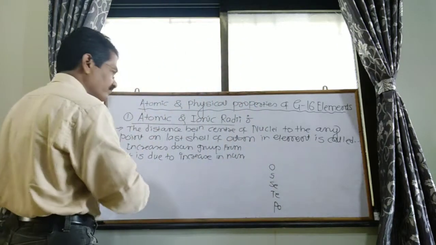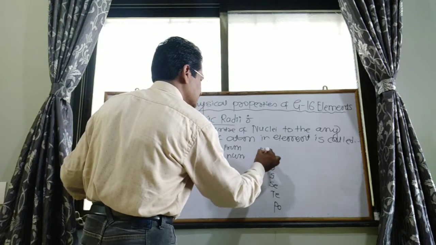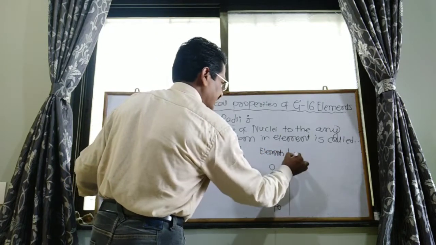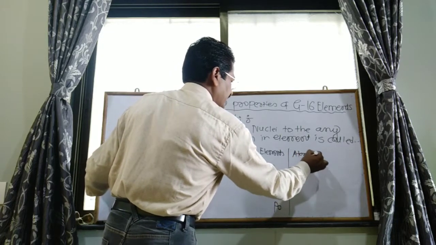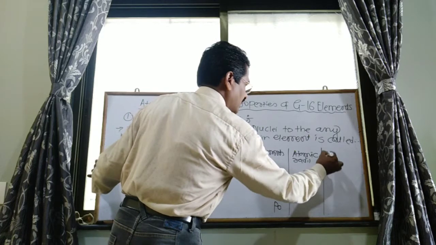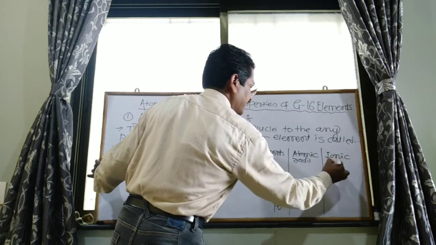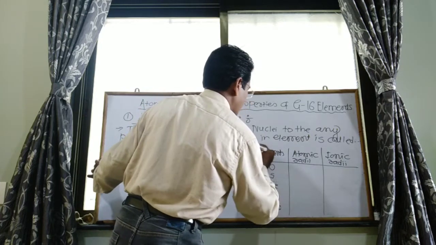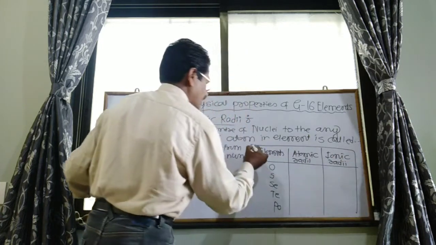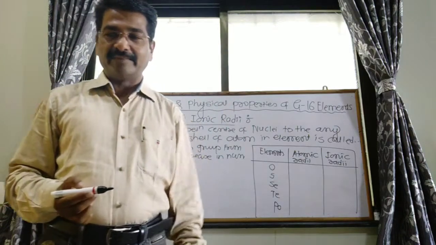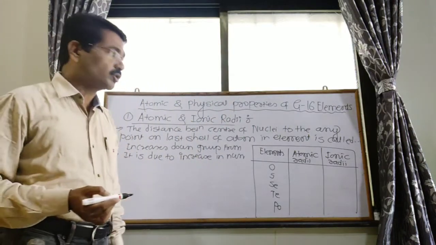In the table, these are the elements, then the atomic radii and ionic radii. The atomic and ionic radii of G16 elements increase from top to bottom.